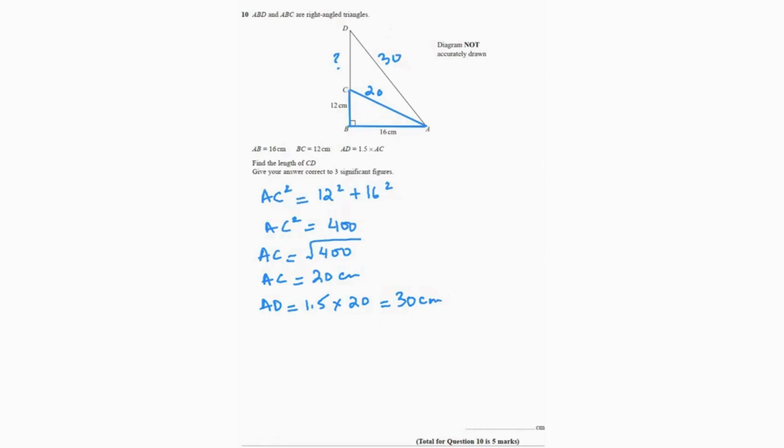So I'm going to highlight the bigger right angle triangle now. And we're going to use this to find the length of BD, which will help us in finding the length of CD. So 30 squared, which is the hypotenuse again, equals BD squared plus 16 squared. So that's 900 minus 256 equals BD squared.